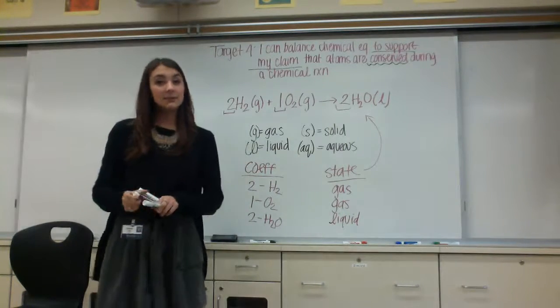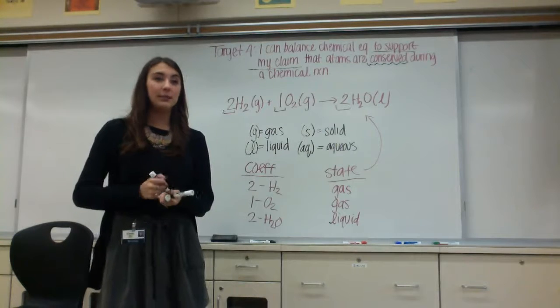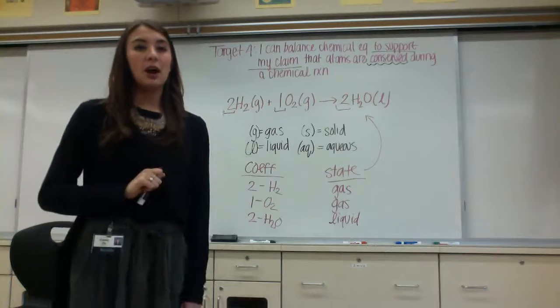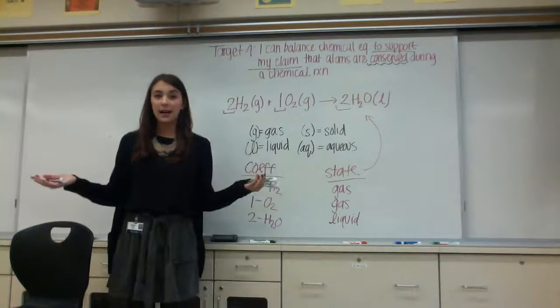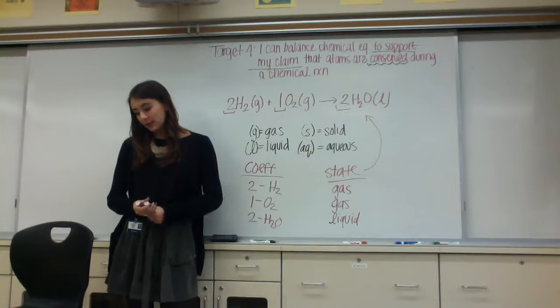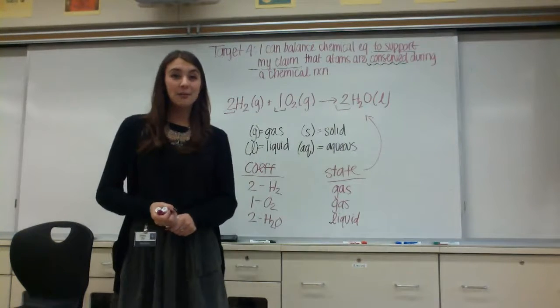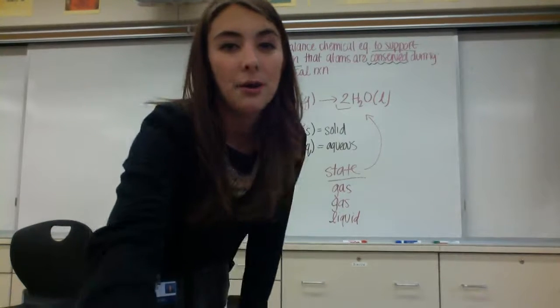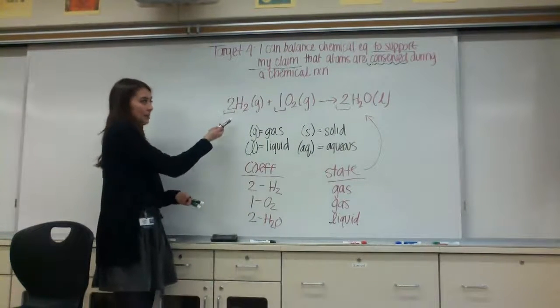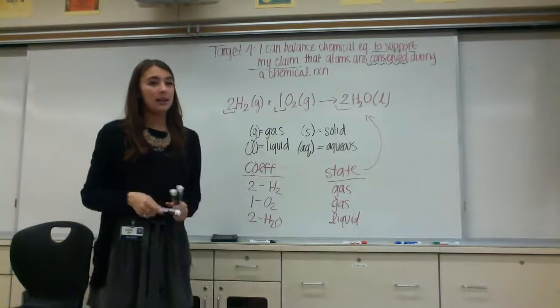Okay? This is where we start to get tricky and we start to count atoms to make sure we are following the law of conservation, which is the whole reason why we balance equations, okay? So, we are going to get ready to count some atoms. What's one atom, okay?